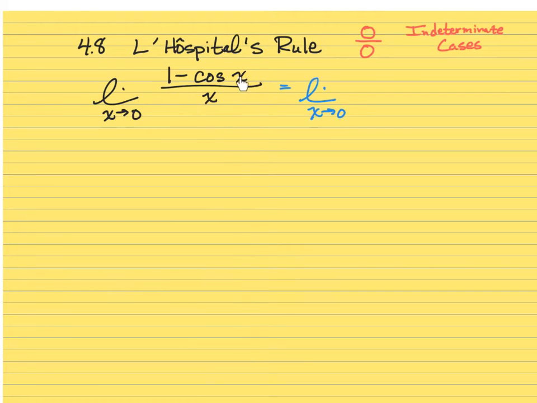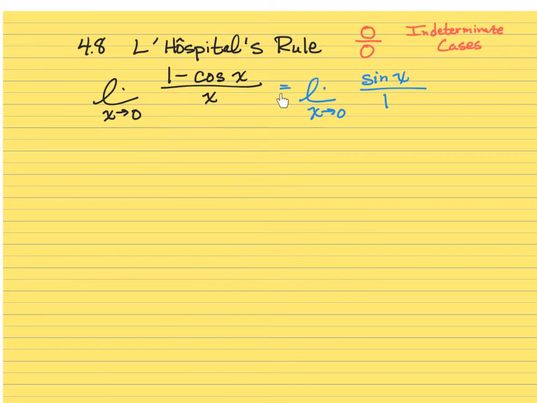But L'Hopital says just take the derivative of the top and put that on top, and then the derivative of the bottom. So, of course, that's going to look like this. The derivative of the top, derivative of 1 is 0, derivative of negative cosine is sine of x. And then the derivative of x on the bottom is 1, okay?